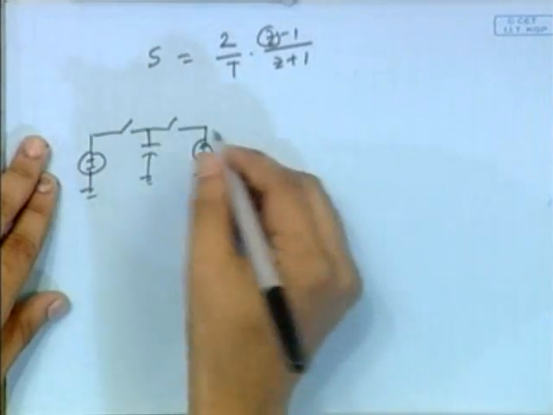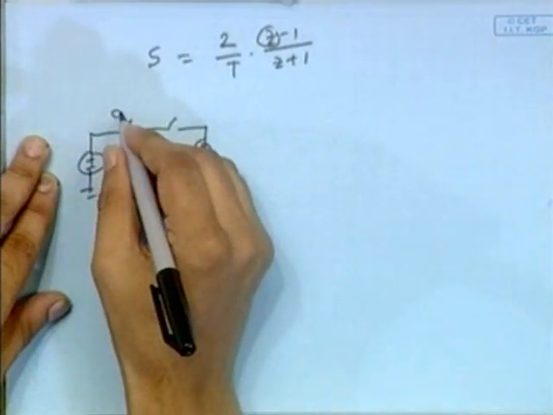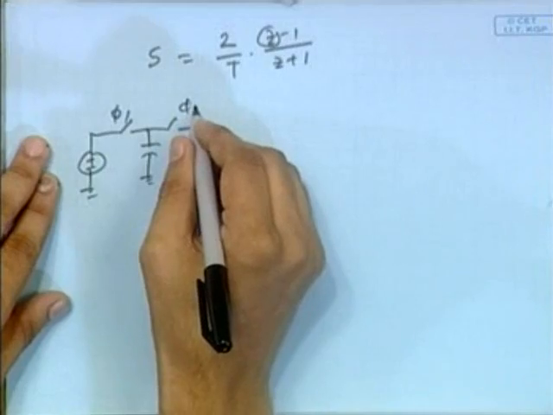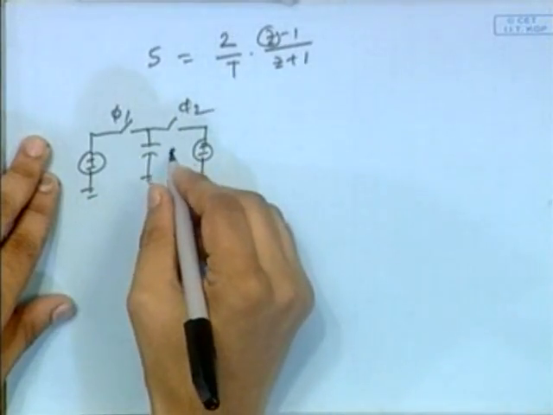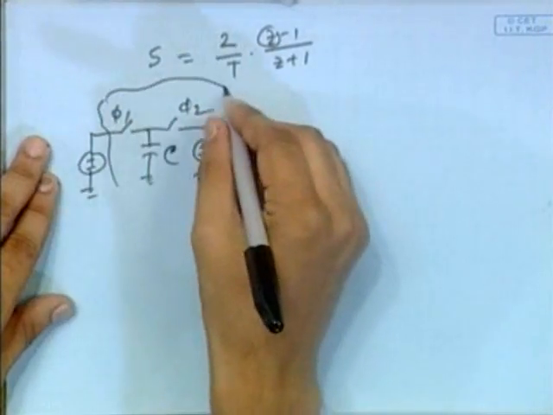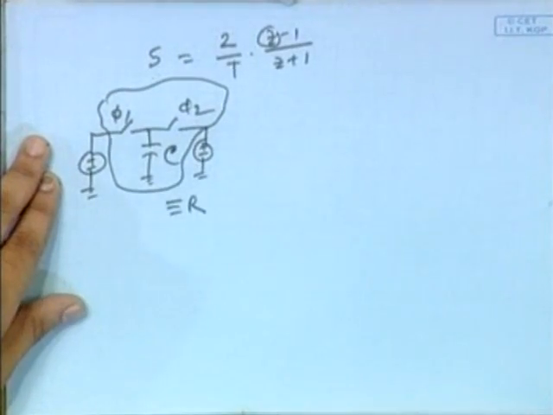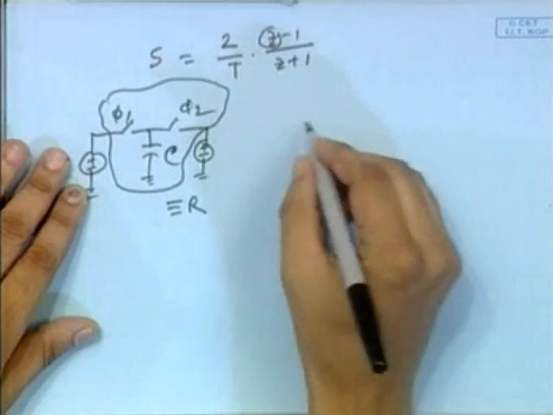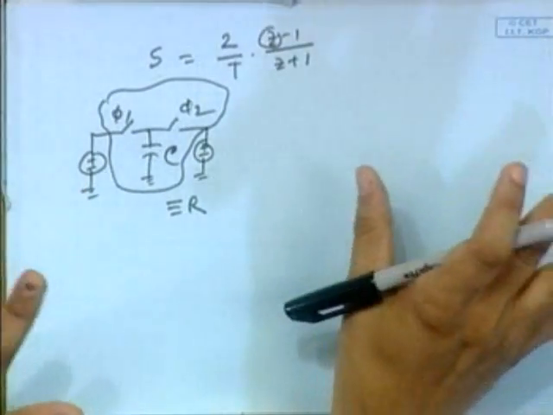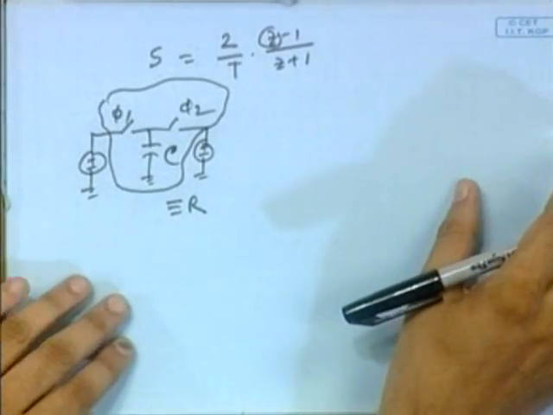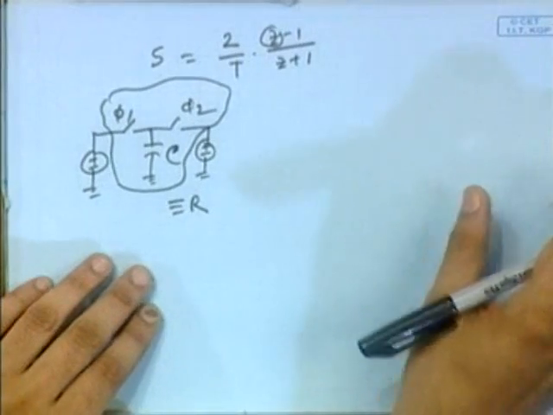Now coming back to the first circuit, this is equivalent to resistance R. Now how do we make different types of circuits using the switch capacitor technique? We can have different amplifiers and different types of filters also.